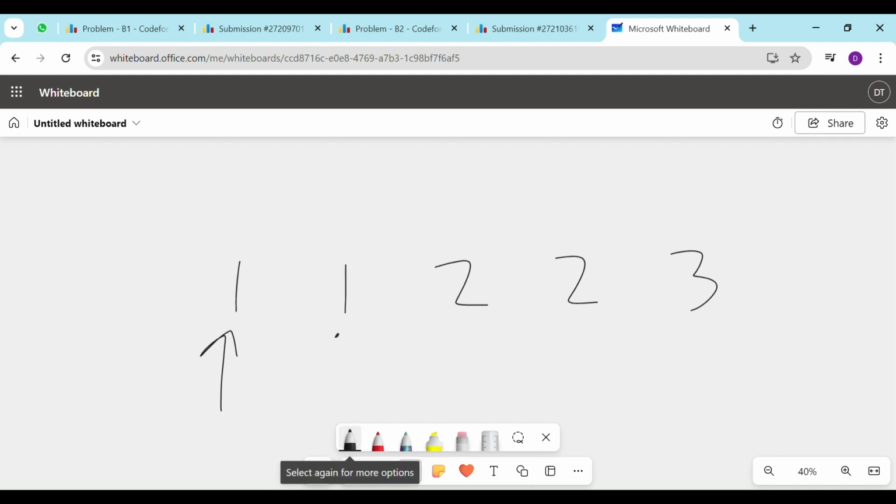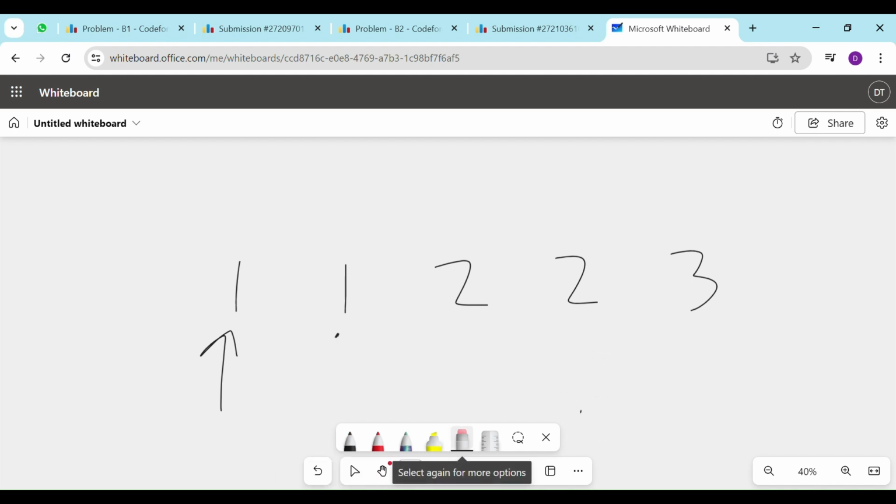Now I move this pointer here. Again, the sum is less than m and the difference is not more than 1, so accepted. Now we move the pointer ahead. Here also the sum is not exceeding m and the difference is not more than 1, so this is also allowed.